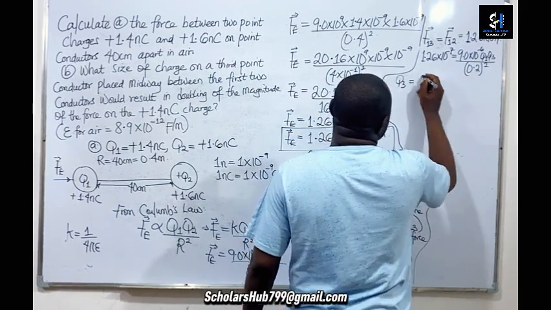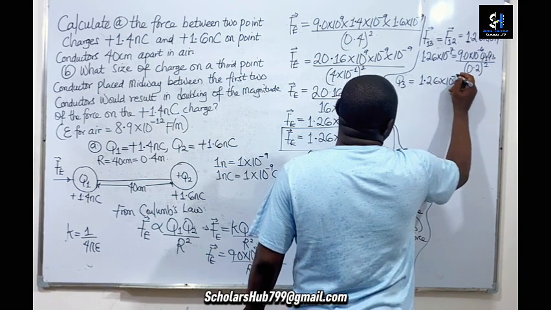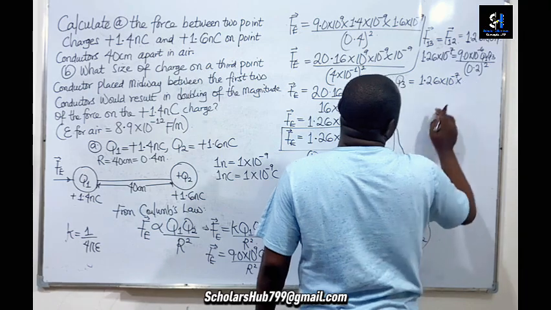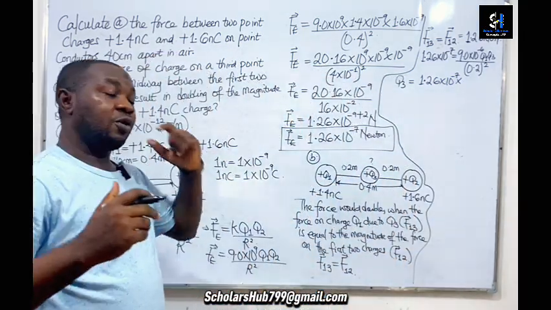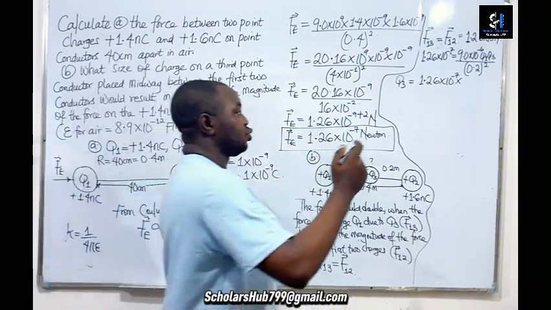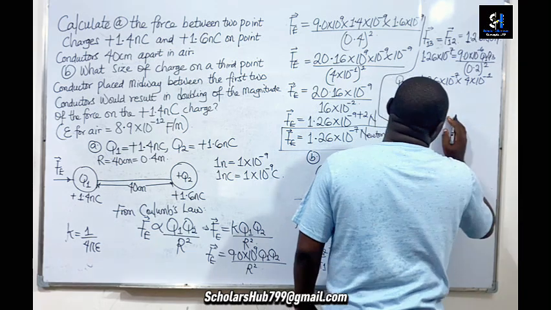So I'll multiply 1.26 multiplied by 10 raised to the power of minus 7 by 0.2 raised to the power of 2, which will be 4 multiplied by 10 raised to the power of minus 2.